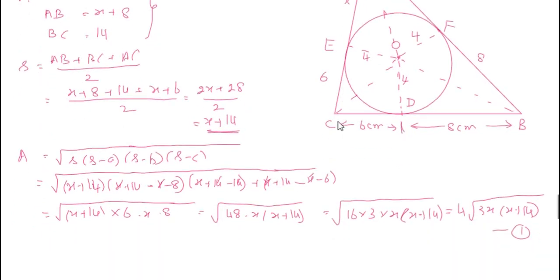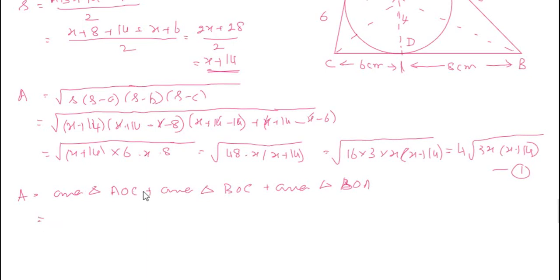So the other method of calculating the area equal to area of triangle AOC plus area of triangle BOC plus area of triangle BOA.